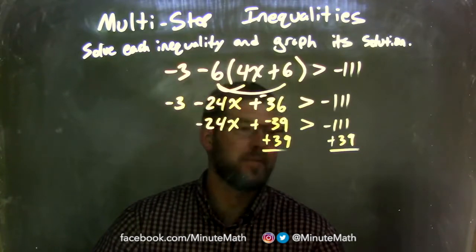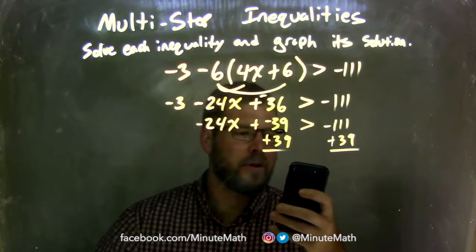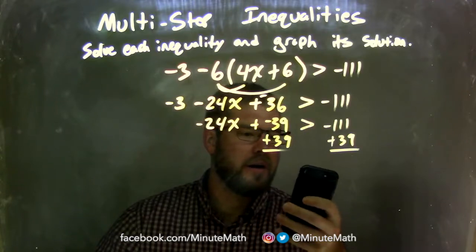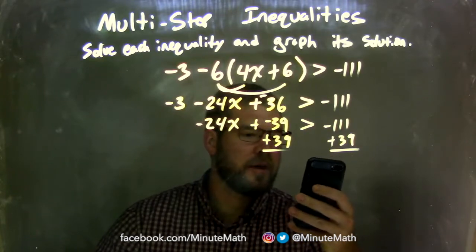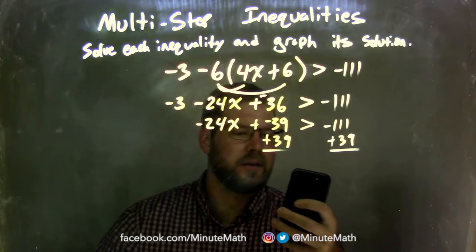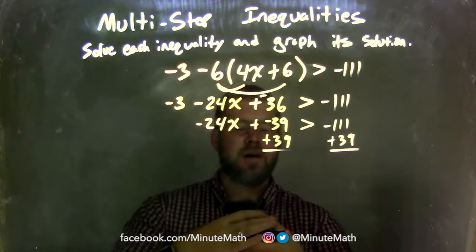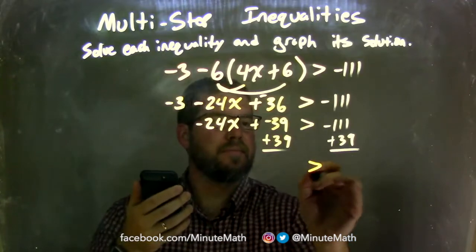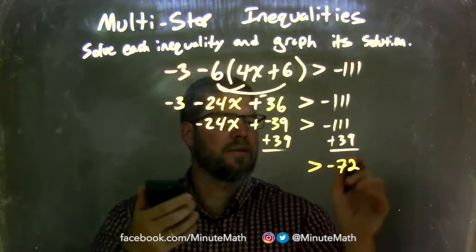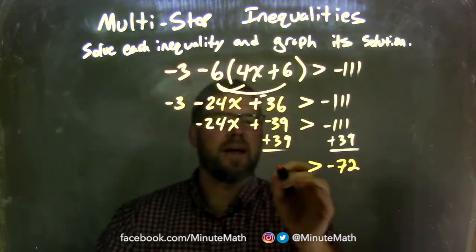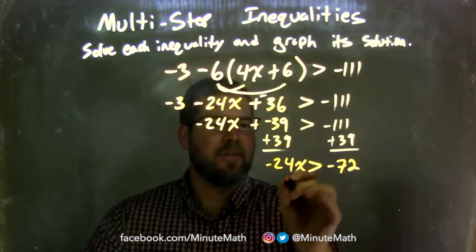I'm not going to spend time necessarily doing that. So the negative 111 plus 39 comes out to be, calculator, there we go, a negative 72. So we have a negative 72 here, and we have a negative 24x there.